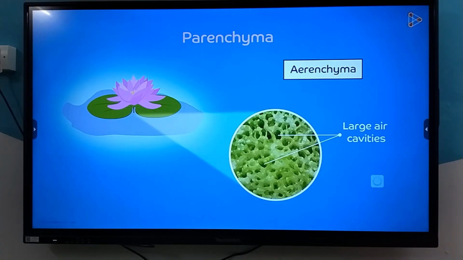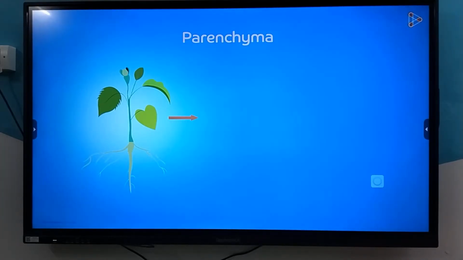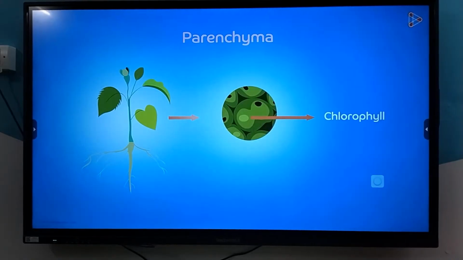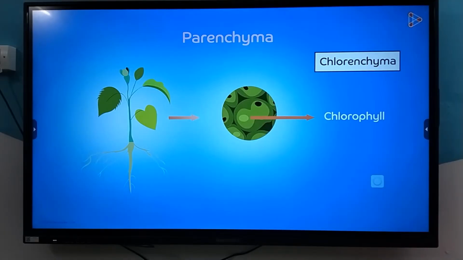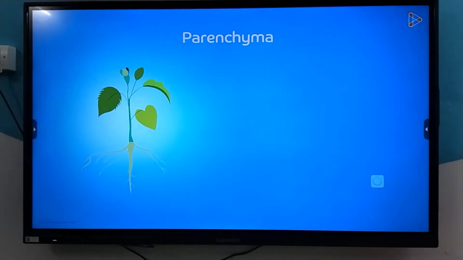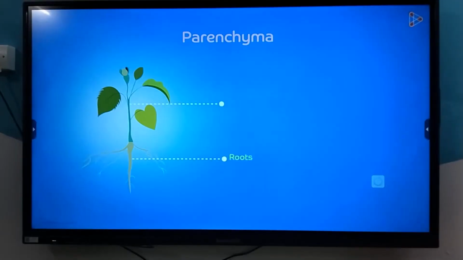Let's get to another example as well. In some plants, chlorophyll is found to be an integral part of the parenchyma cells, and thus such forms are called chlorenchyma. They are capable of performing photosynthesis. Besides these, parenchyma cells found in roots and the stem help in the storage of water and certain nutrients.